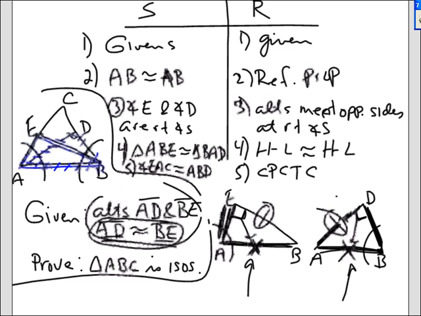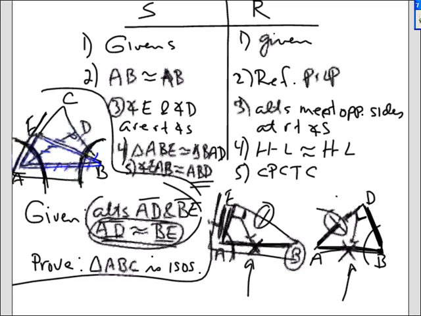Corresponding parts of congruent triangles are congruent. But that's the proof. I have this big angle down here and this big angle here. The angle called angle A down here is EAB. Sorry, that's a B. Angle EAB, this big angle here, is congruent to ABD.